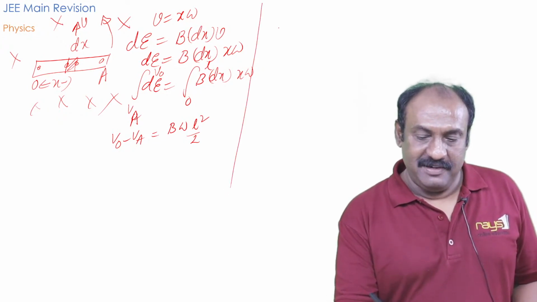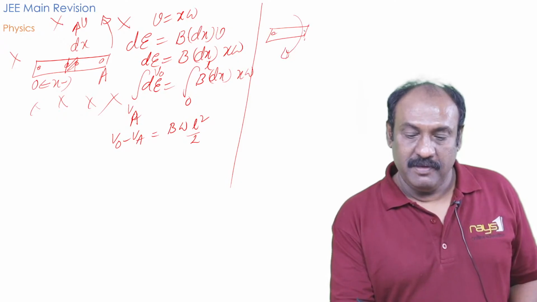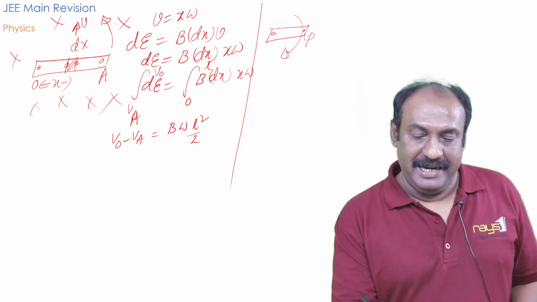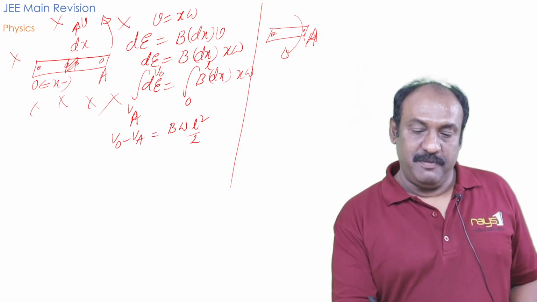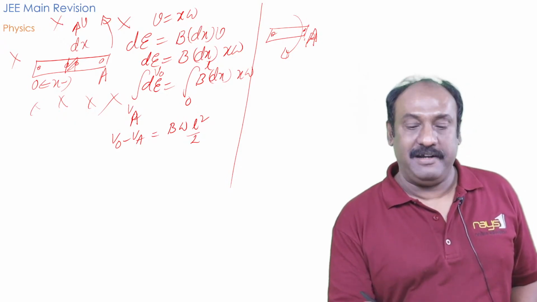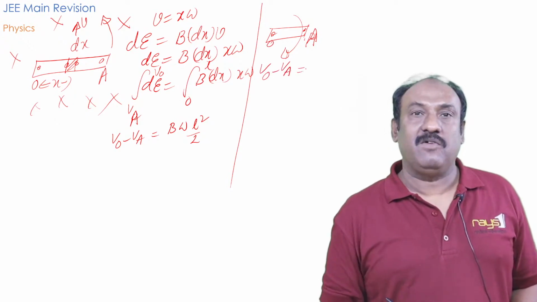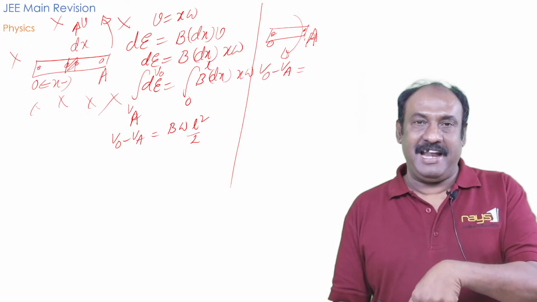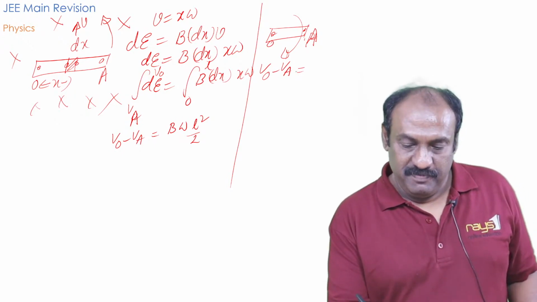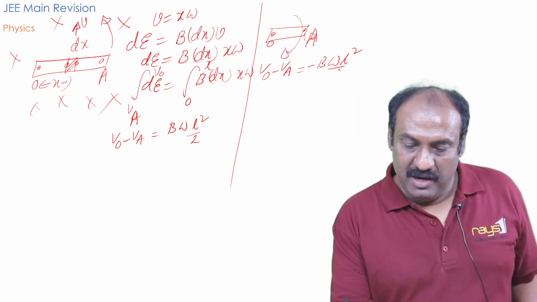If the direction of the rotating rod is reversed, then what will be the potential difference between the center of rotation and this point? So VO minus VA is equal to, simply by reversing the direction, minus B omega L square by 2.